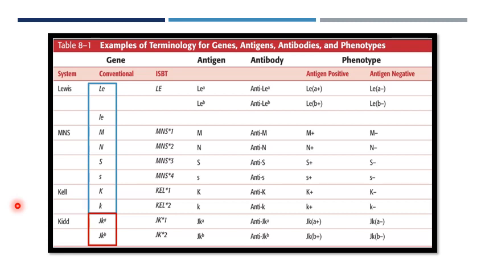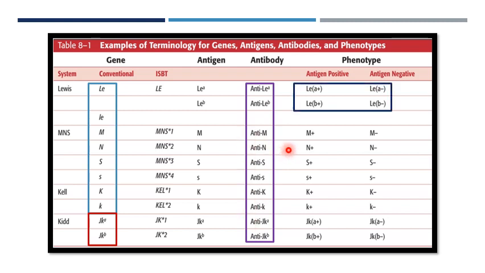Next, here is an example of an allele that is superscript. Next, the prefix anti is added. And then this one is the phenotype where there are parentheses and a plus and minus sign are written to indicate the presence or absence of an antigen.